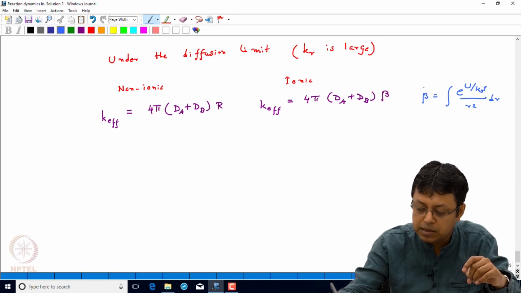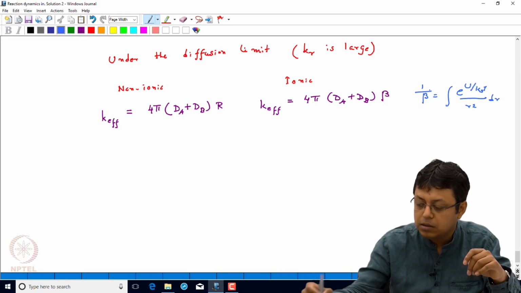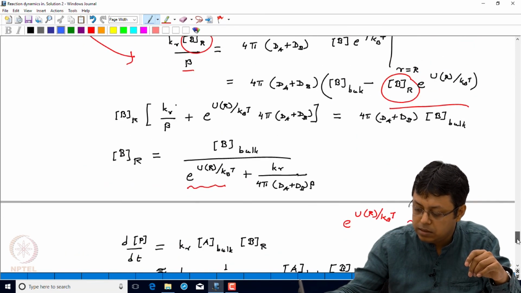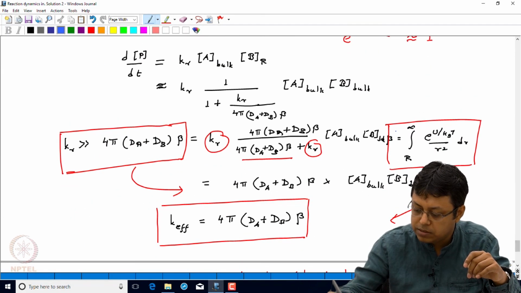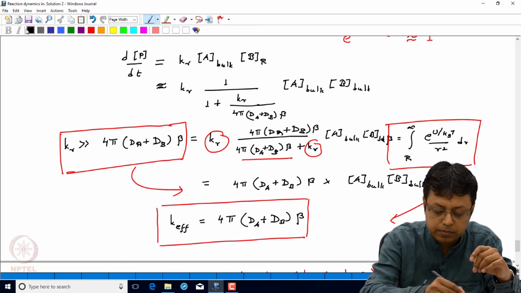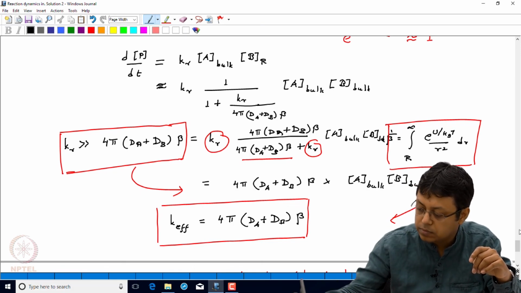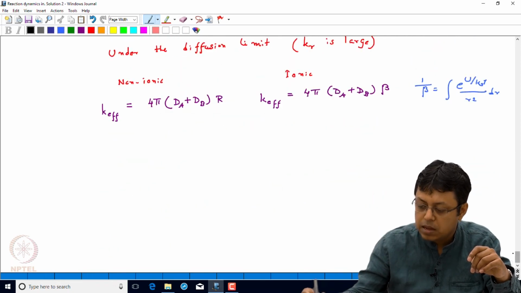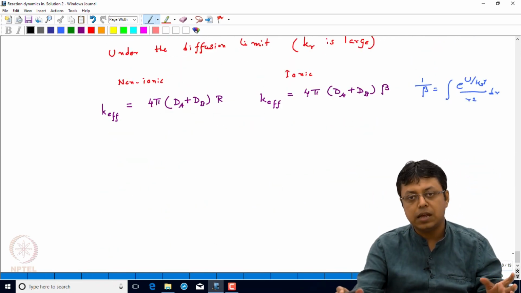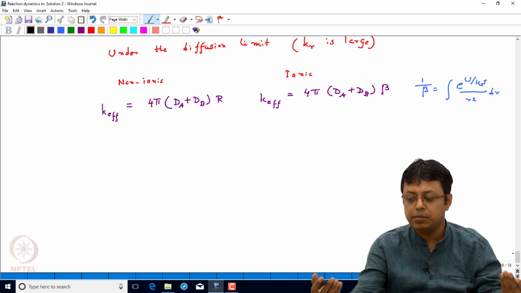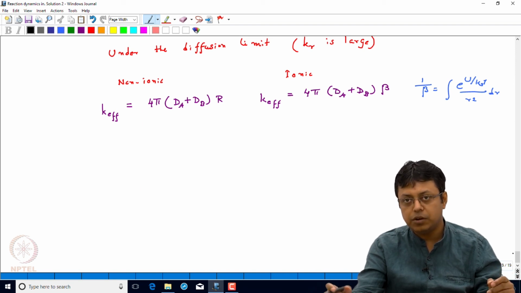Remember that we wrote it as 1 over beta, not beta. So that was beta inverse, 1 over beta, and it has a dimension of 1 over length. So beta has a dimension of length.